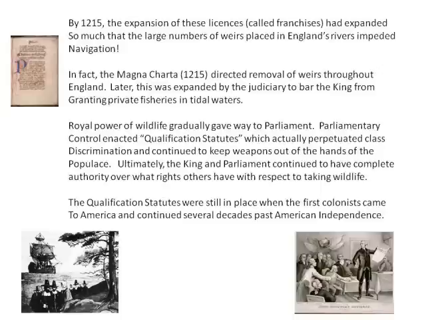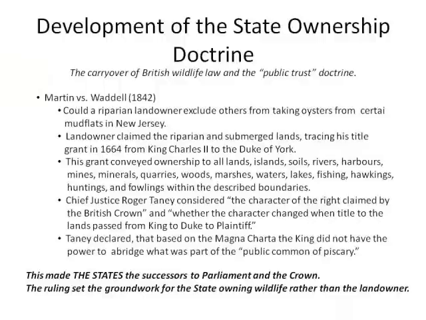So the forest jurisdictions were actually not a big deal anymore, but these qualification statutes still existed and were still very much alive, and continued well after, several decades after American independence. In fact, on the eve of the American Revolution, the King and Parliament had complete authority to determine what rights others might have with respect to taking wildlife.